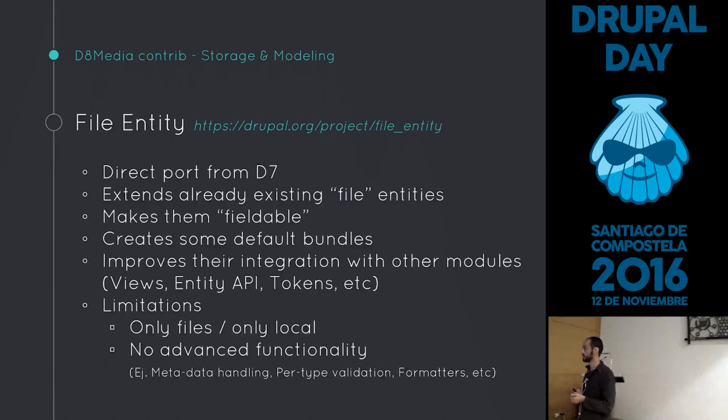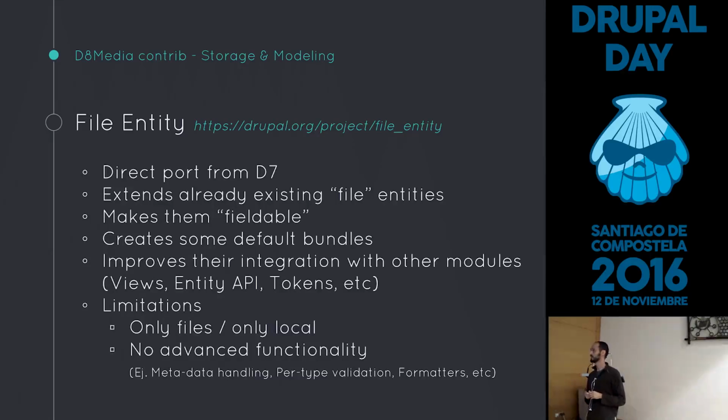The first one that's really related to media management is File Entity. You probably know it if you used Media in Drupal 7. Media depended on File Entity in Drupal 7. The File Entity in Drupal 8 is a direct port, meaning that the same functionalities we had before, we have now.